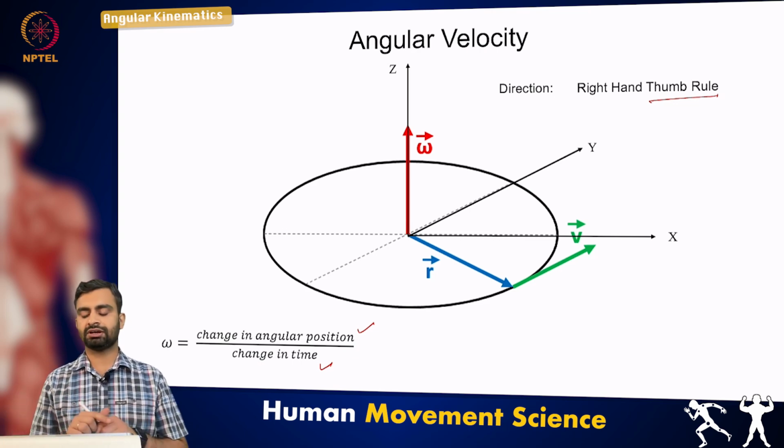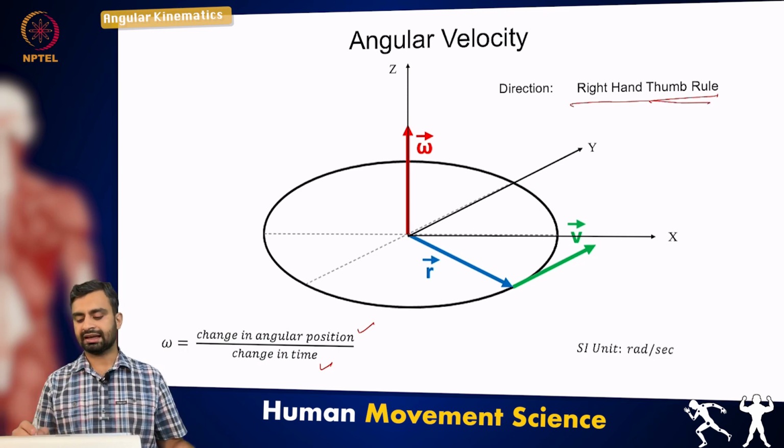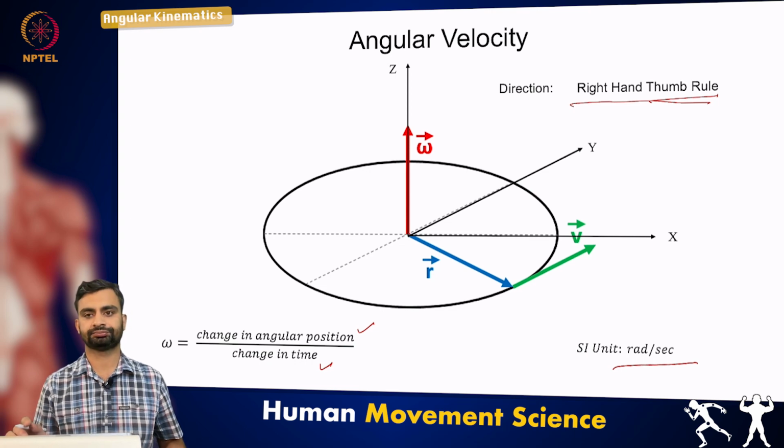This concept is known as the right hand thumb rule. The SI unit for angular velocity is radians per second.